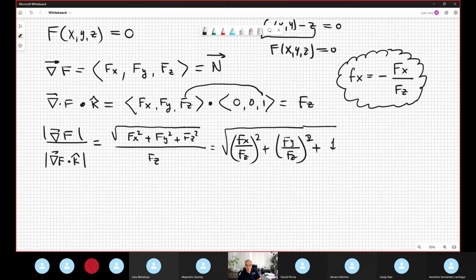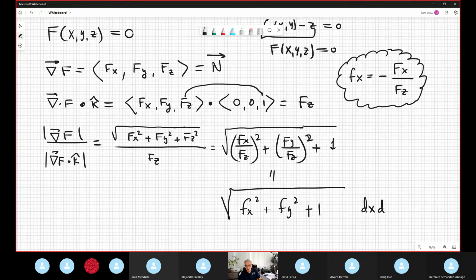Well, this has a minus, but it doesn't matter because when you square it, it disappears. So now this is equivalent. I prove mathematically that this is equivalent to the square root of zx squared plus zy squared plus 1. And this looks similar to the formula for dS in the explicit form.